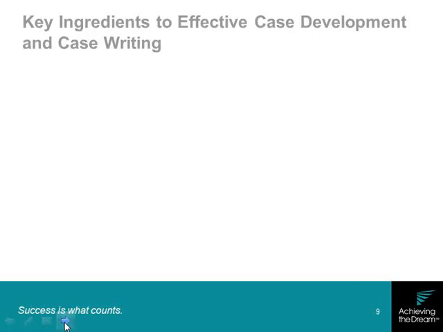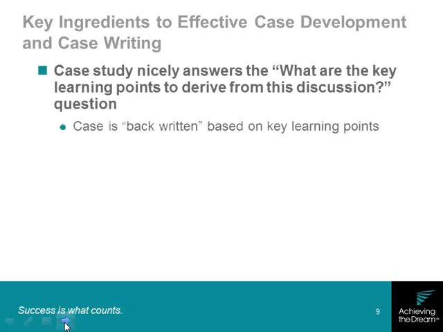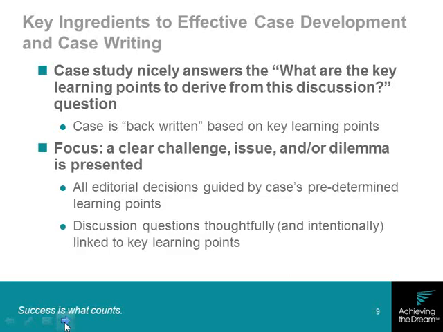Some key ingredients to effective case development and case writing. The study nicely answers what are the key learning points to derive from this discussion. So you'll see in the case study prep report that a lot of the questions are about what were those key decision moments or key aha moments in your press for completion work, and trying to focus in on that and distill from that exactly what you learned from this experience.